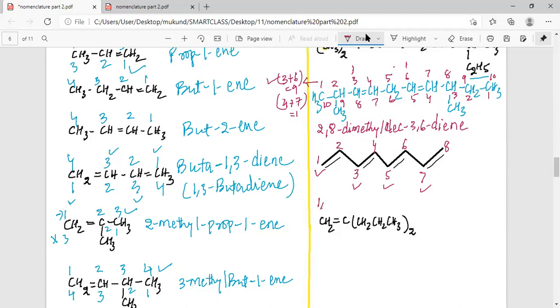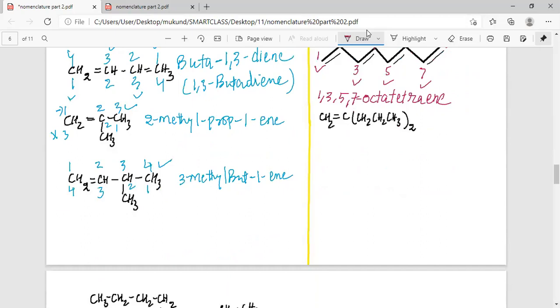So we can write it 1, comma, 3, comma, 5, comma, 7, octa, tetraene. So there are 4 double bonds, so it's a tetraene, and it's octa because there are 8 carbons.